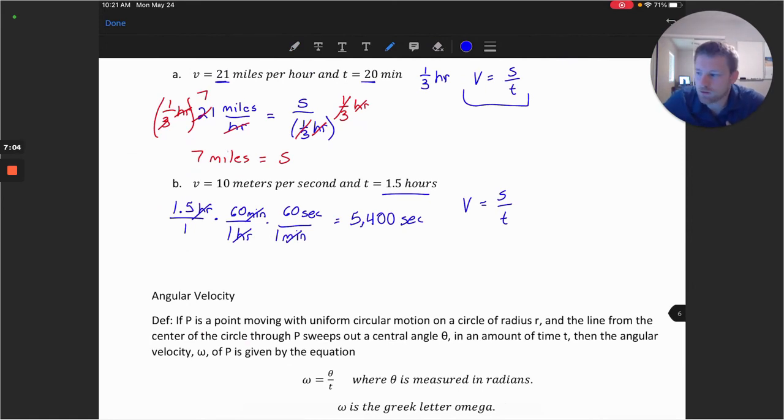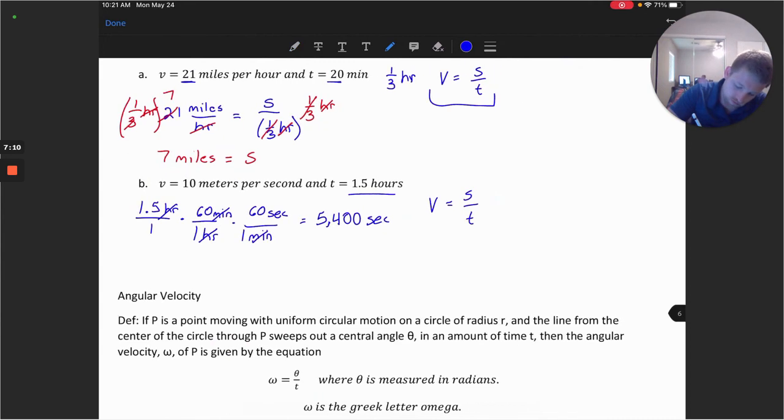And now I can accurately work with my velocity. So the velocity is 10 meters per second. And this is going to be equal to my distance over t, which is 5,400 seconds.